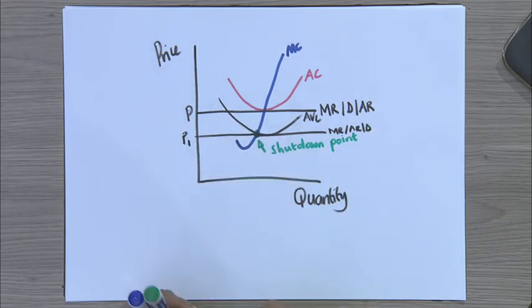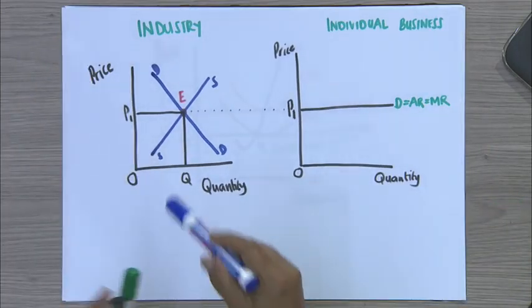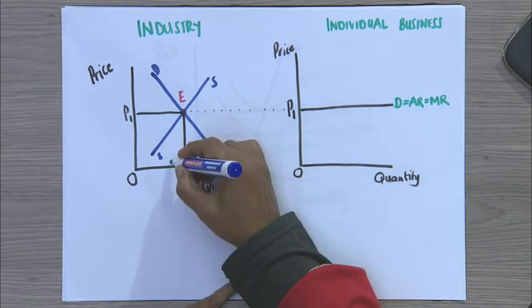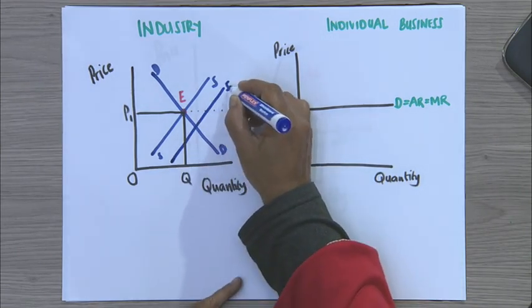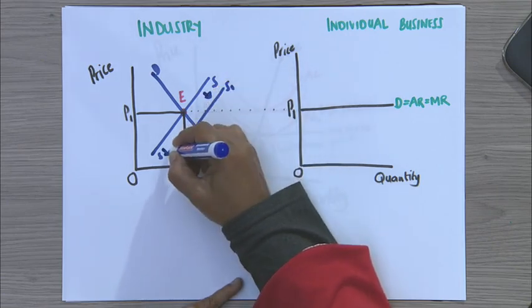Okay, so what has happened in this situation here is, if I just go back quickly here, what happened was that was the original price level, but maybe more suppliers now entered the market, right? So supply increased.